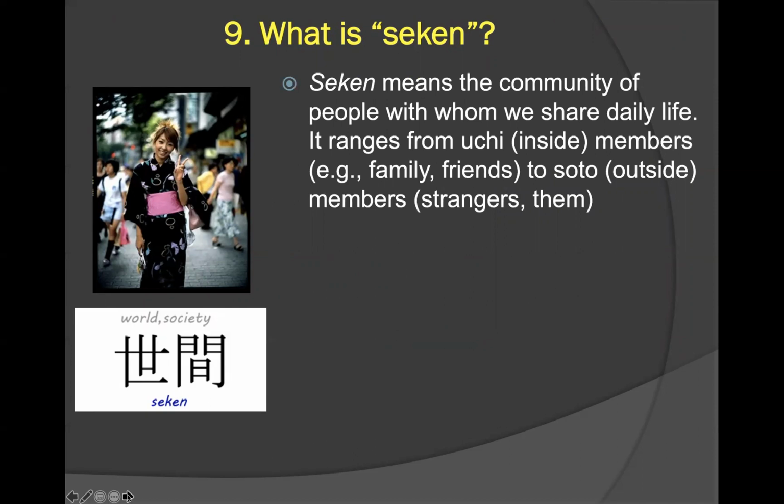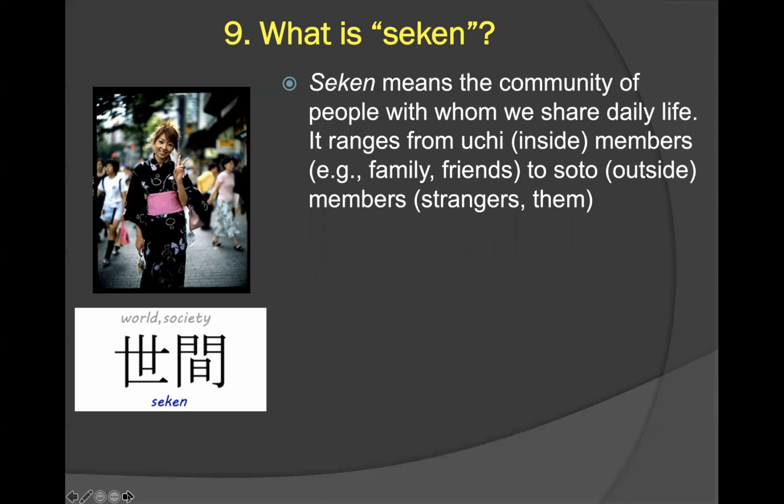Seken means a community of people with whom we share daily life, but basically it means society. But it ranges from the uchi, this is one of the double code words, which means inside, the uchi members, like your family and friends, to soto, or outside members, meaning strangers or other people in society.